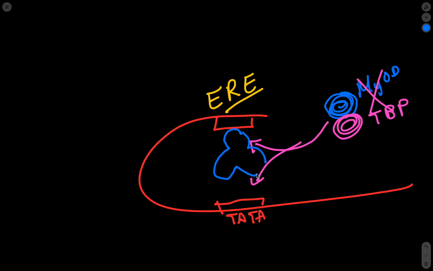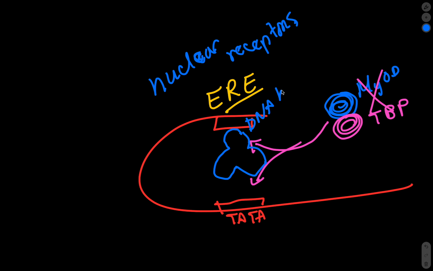And we need to learn this, so nuclear receptors are made of 3 domains in general. One domain is called the DNA binding domain. Another one of the domains is called the ligand binding domain.